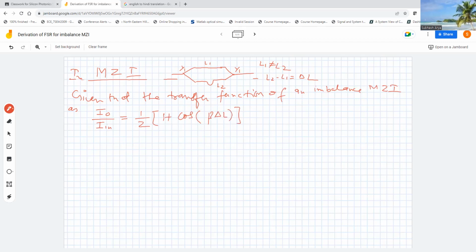So this is equation 1. We have derived this mathematical equation earlier. This is the transfer function.